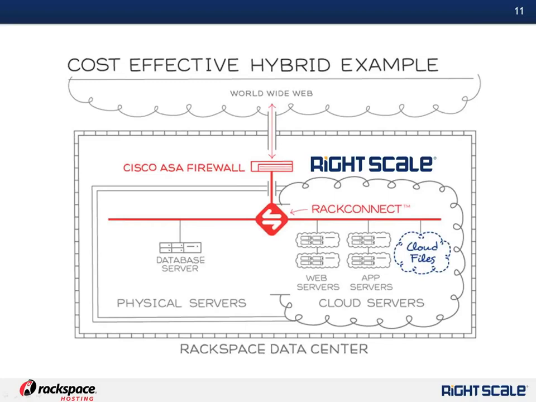Now, in conjunction with RightScale, you've also got the ability to scale those cloud servers automatically. So in terms of using server templates to manage your configuration, to set triggers on scaling events, you've really got a very flexible infrastructure that can respond to the traffic demands that may change on your site day to day.